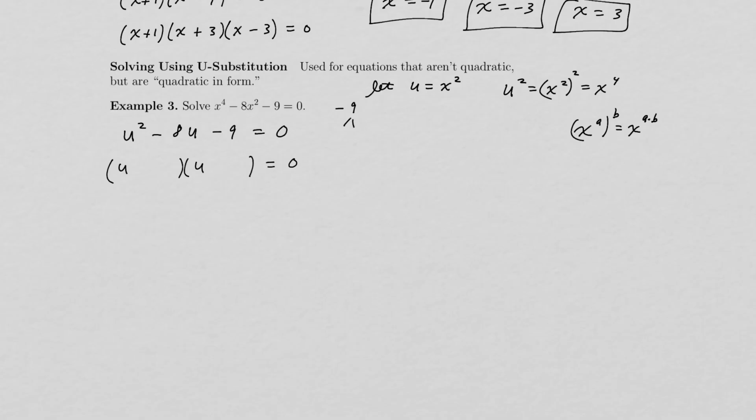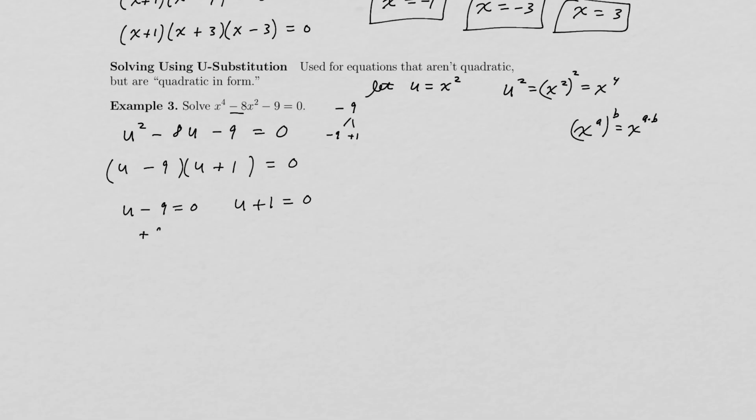If I multiply negative 9 times positive 1, that gives me negative 9. If I add those two, I'm going to get the b term, negative 8. So that'll work. So negative 9, positive 1. So one possibility here is that u minus 9 is equal to 0, and the other possibility is u plus 1 is equal to 0.